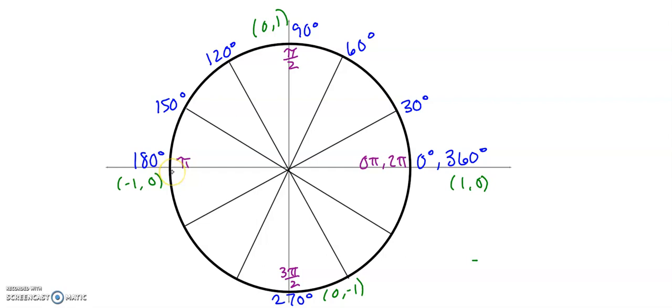I'm just adding 30 every time, right? 210, 240, 270, 300, 330, 360. So going around, I just added 30 degrees every single time.